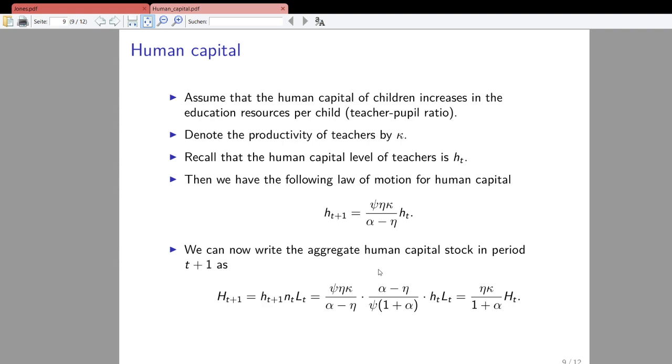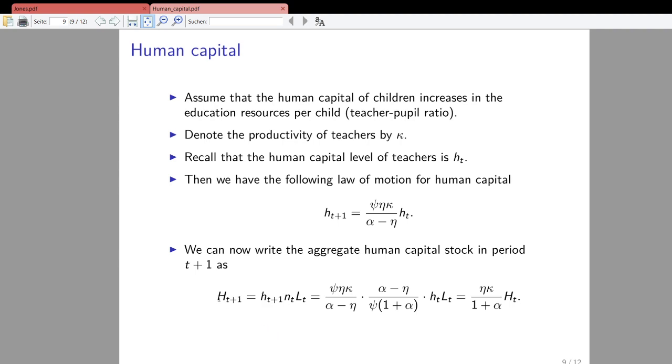And then we can write down with this the accumulation equation for aggregate human capital, uppercase H_{t+1}, which is equal to lowercase h_{t+1}, the human capital of each child, multiplied by the number of children, which is the fertility rate, multiplied by the number of parents in the previous period.